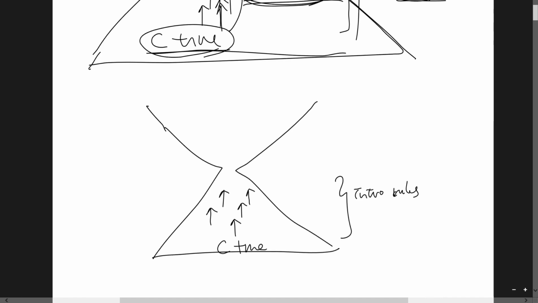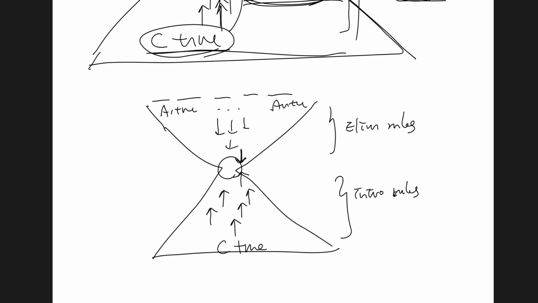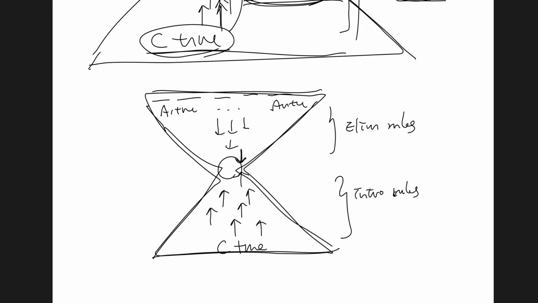And in the upper half, we have hypotheses, and then we move downward by applying elimination rules. And in the middle, this down arrow or the elimination rule meets with this up arrow or this introduction rule. So the shape of this normal proof complies with the intuitive way of constructing a proof.